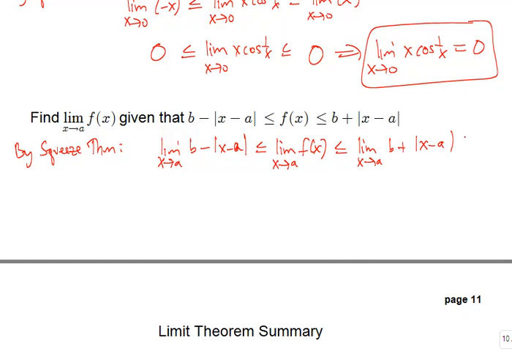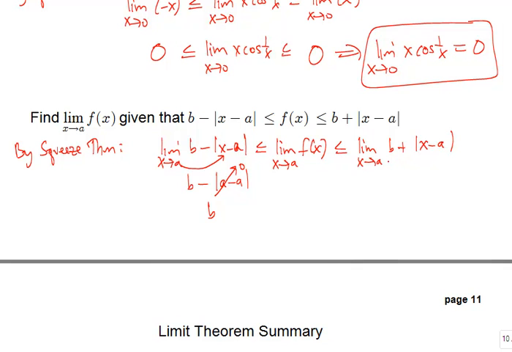Now remember here, a and b are just constants, numbers. x is the variable. So when you take the limit of this left function, you're plugging in a for x right here. That's going to give you b minus absolute value of a minus a. That goes to 0, so this goes to b.